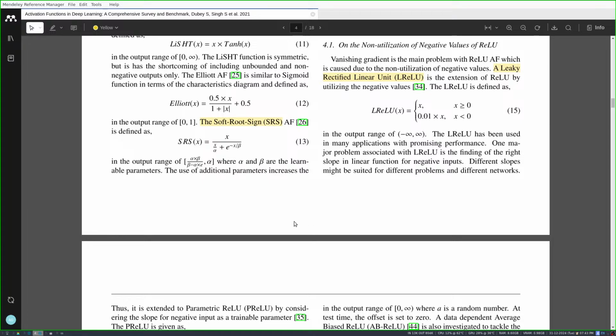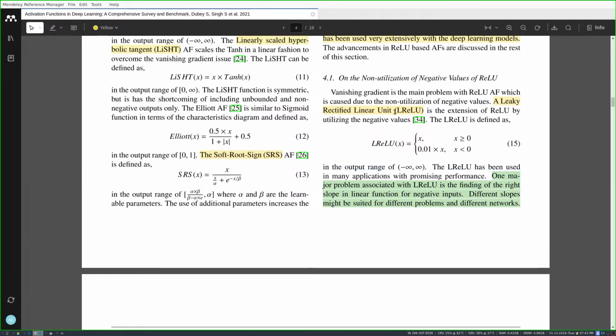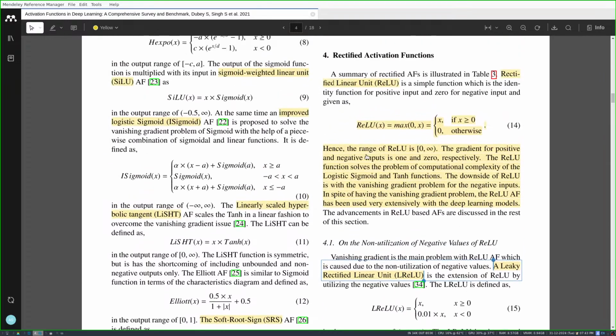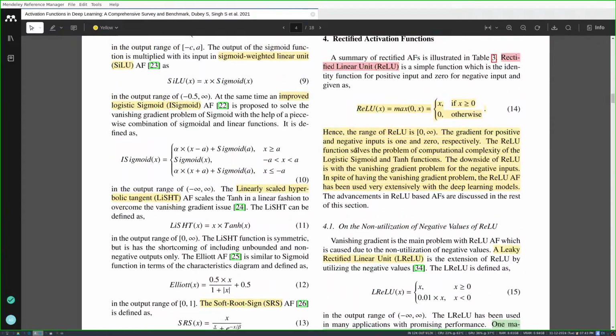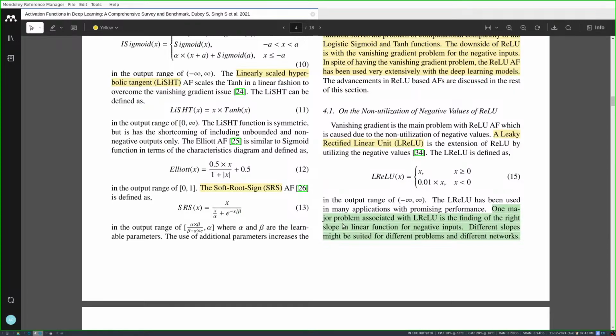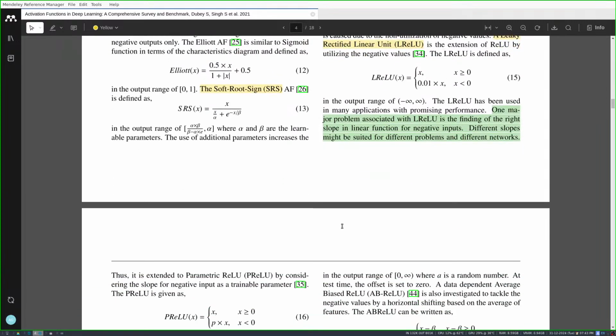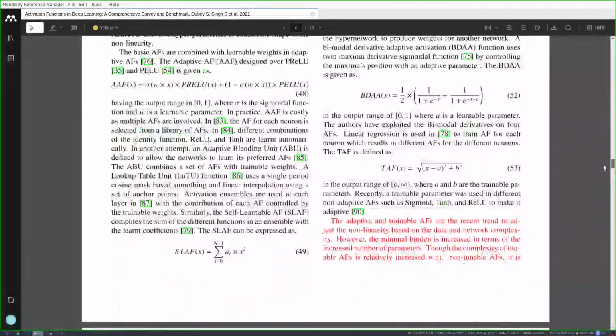A different slope might be suited for different problems or different networks. Okay, leaky ReLU. I just want to see the performance of leaky ReLU here.